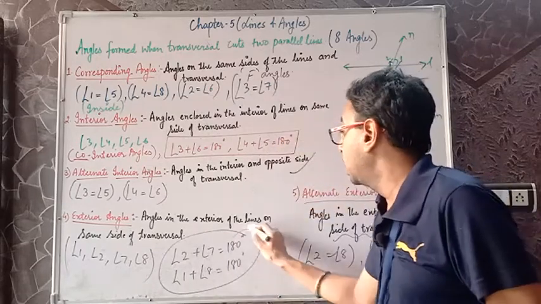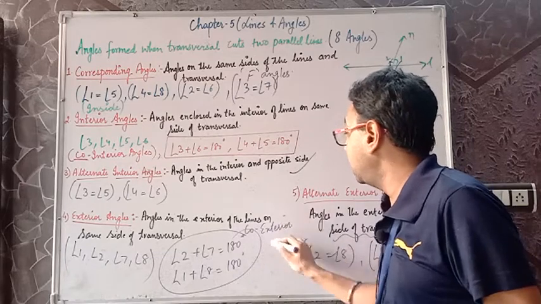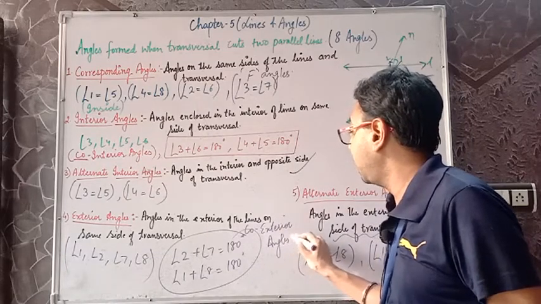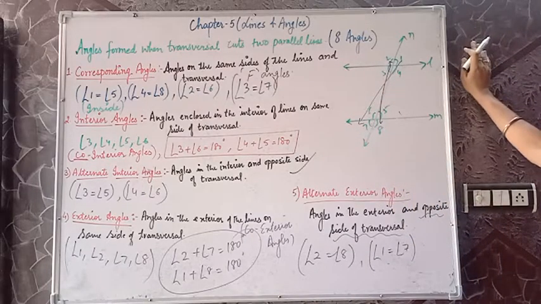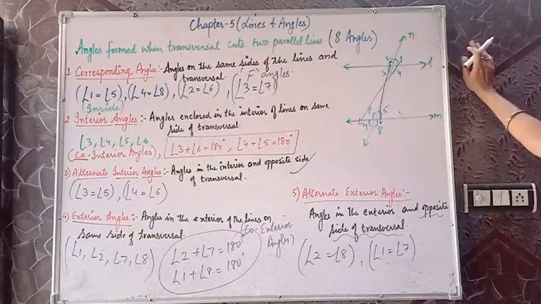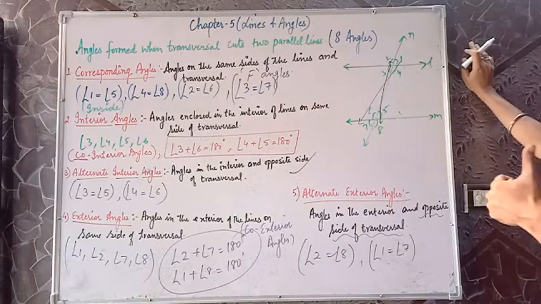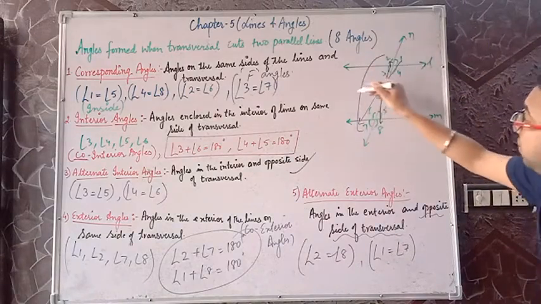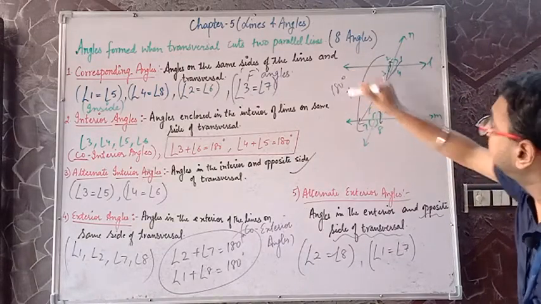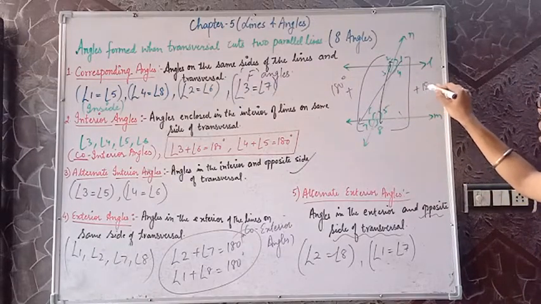This is called the property of co-exterior angles. So understand why they are known as co-exterior angles, because they are on the same side of the lines and the same side of the transversal, so they are corresponding. No doubt, 2 and 7 are already corresponding. Clear? But the point is they will be supplementary. It means the sum of 2 and 7 will be 180. Similarly the sum of angles 1 and 8 would be 180.